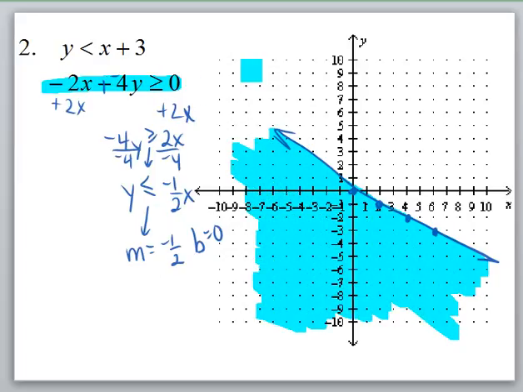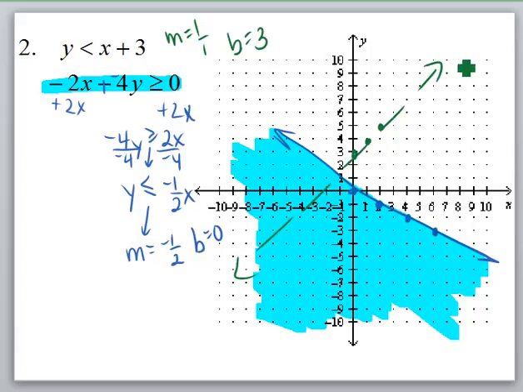All right. The first equation has a slope of 1 and a b value of 3. So I'll plot my b value. I'll go up 1 over 1, up 1 over 1. I know I'm going to be using a dotted line this time. And this time again, I'm shading below the graph.